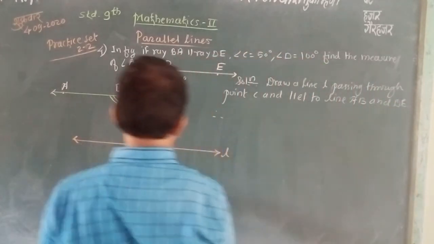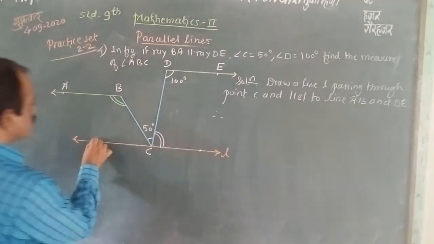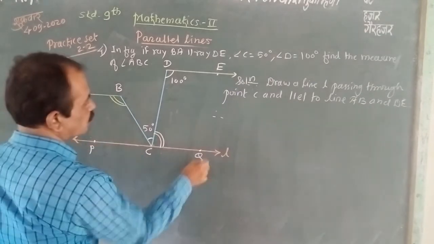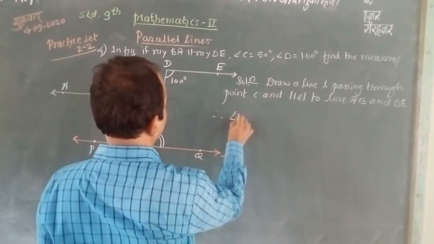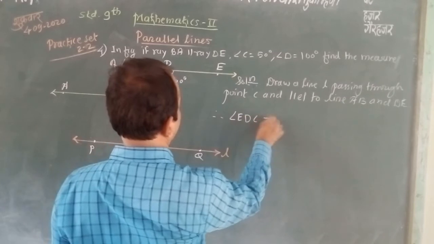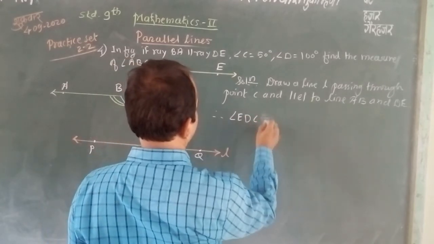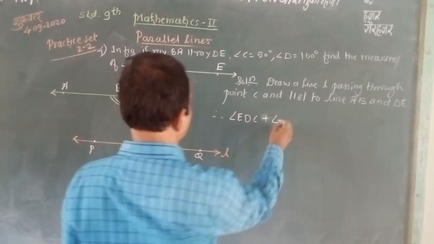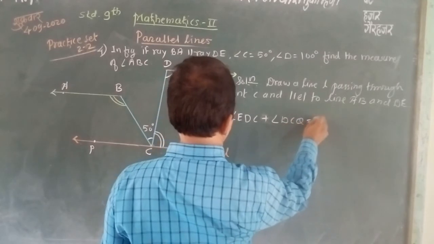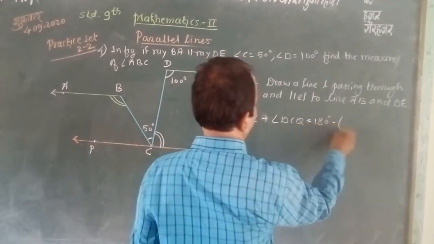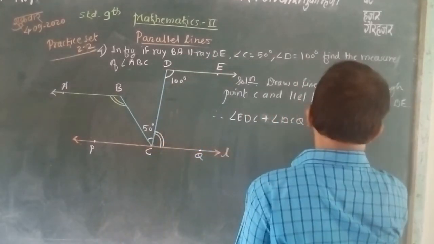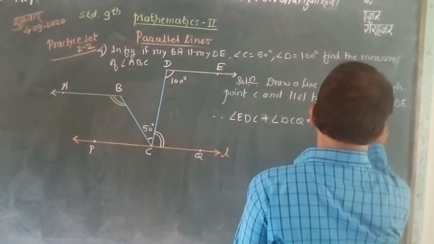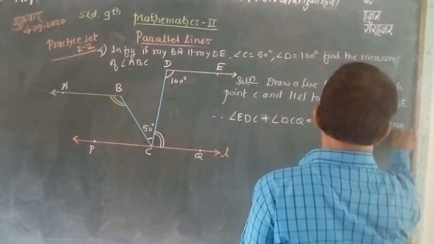Therefore, you can name these points as P and Q. Therefore, angle EDC plus angle DCQ is equal to 180 degrees. This is nothing but interior angles.